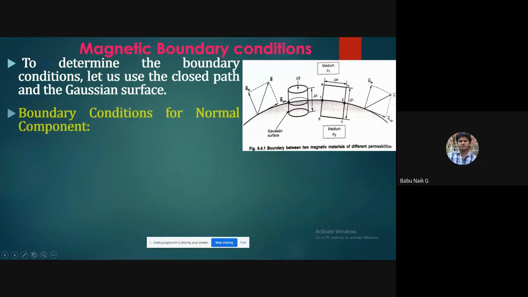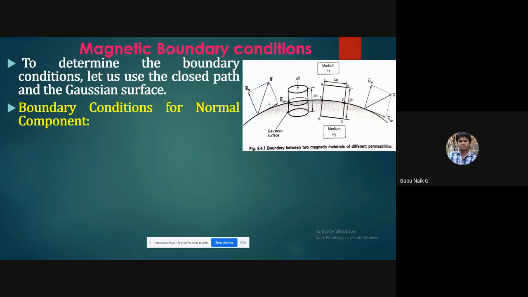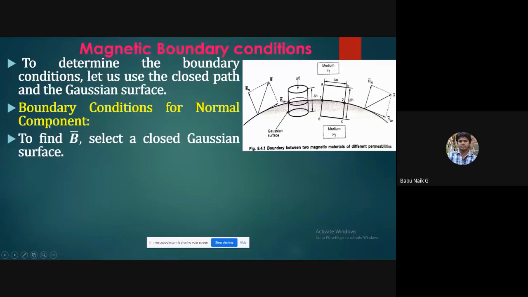Now, considering these two concepts, let us calculate the first thing, which is the boundary condition on the normal component. To calculate this, let us find the magnetic field as well as the magnetic flux density by considering that Gaussian surface.